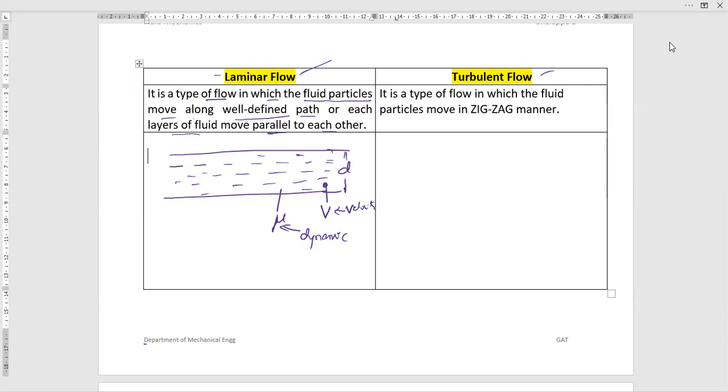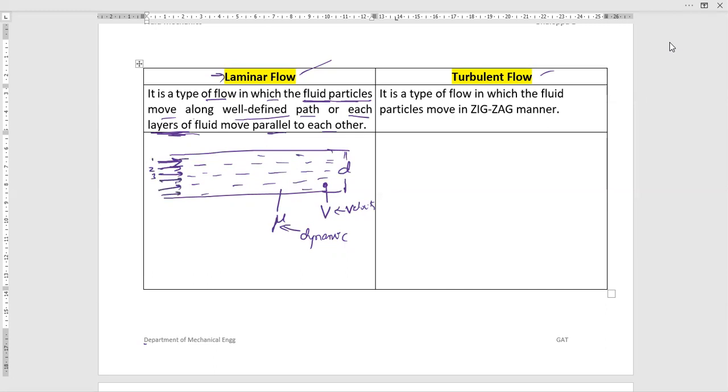So in laminar flow, let us consider this is one streamline path or one layer of fluid, and a second layer of fluid or fluid particle. Each layer of fluid, or you can also use the word streamlines, is one layer, then second, third, similarly fourth, fifth, sixth. There are a number of layers of fluid.